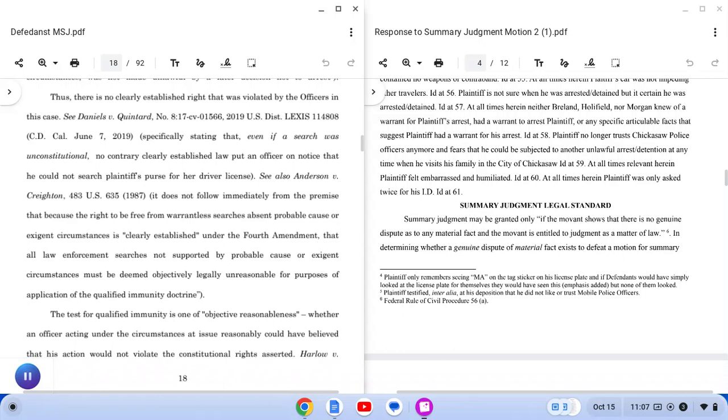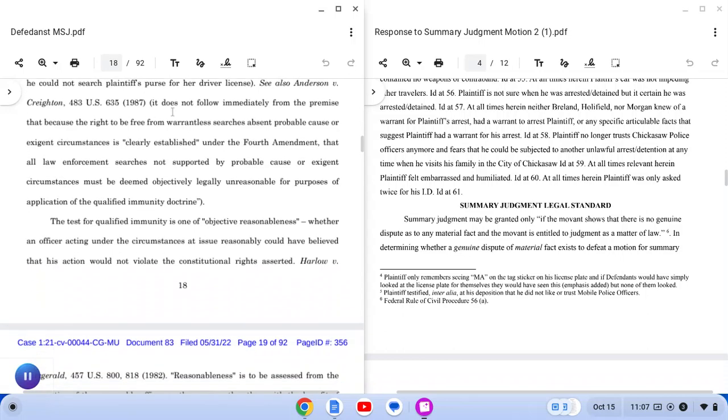I don't know what they talking about right here. It does not follow immediately from the premise that because the right to be free from warrantless searches, absent probable cause or exigent circumstances, is clearly established under the Fourth Amendment, that all law enforcement searches not supported by probable cause or exigent circumstances must be deemed objectively legally unreasonable for purposes of the application of the qualified immunity doctrine.